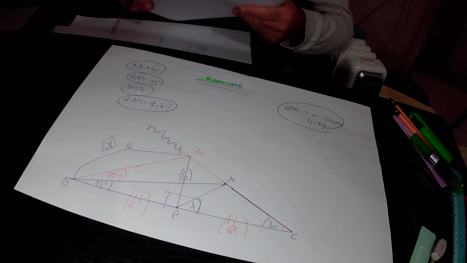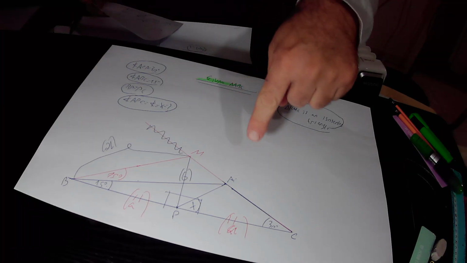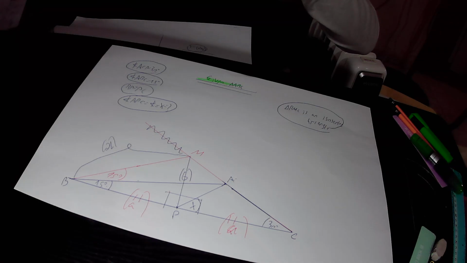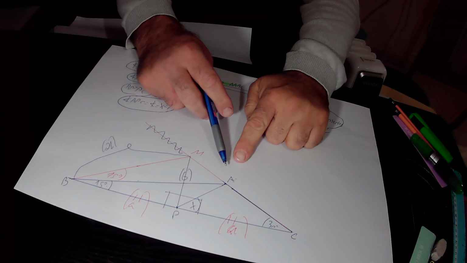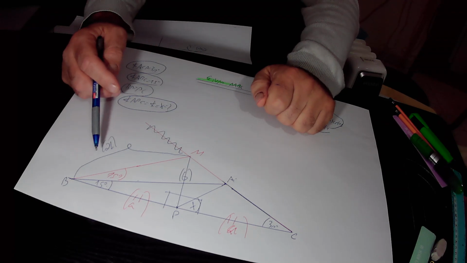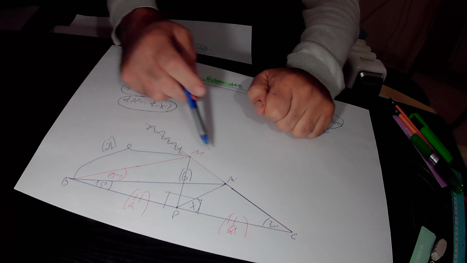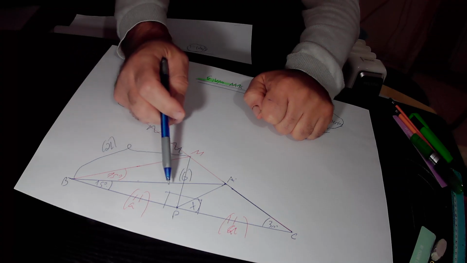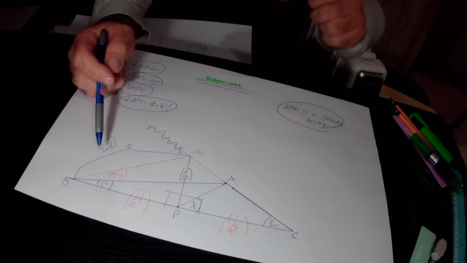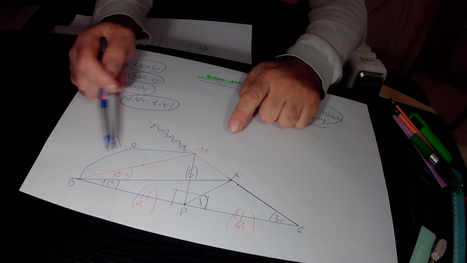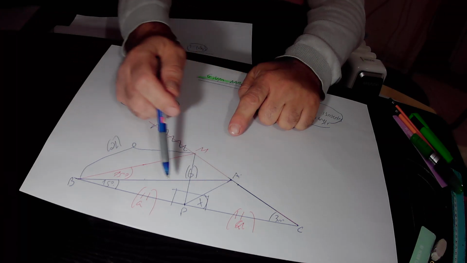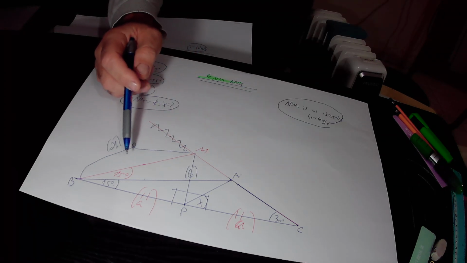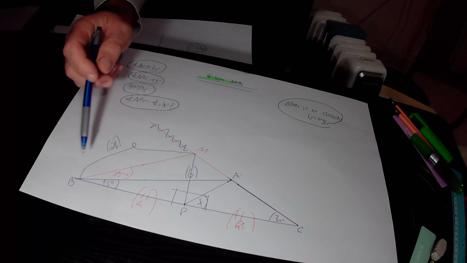We know that AB is the angle bisector of this big triangle BMC, and therefore, according to the angle bisector theorem, AB divides the sides of the big triangle BMC proportionally.